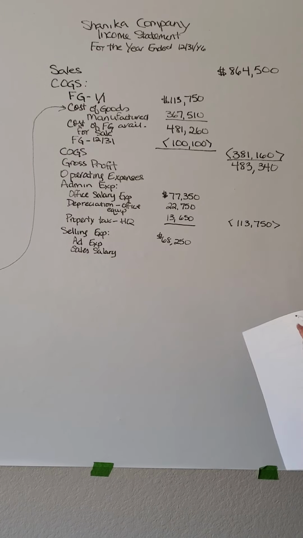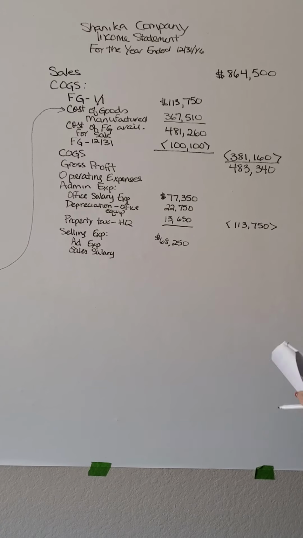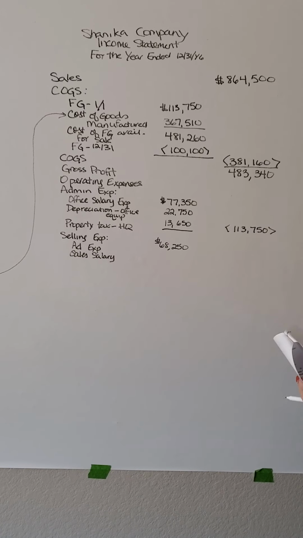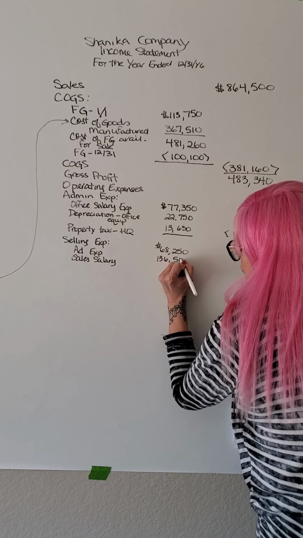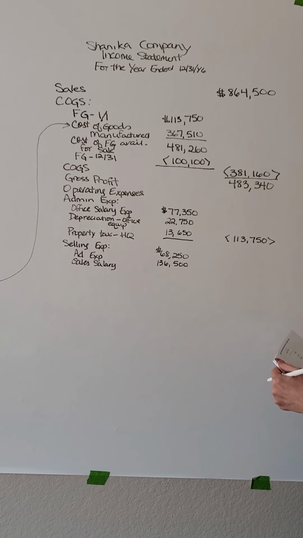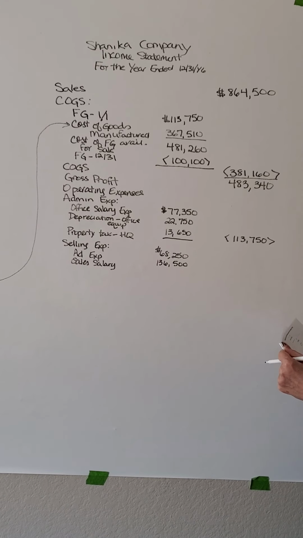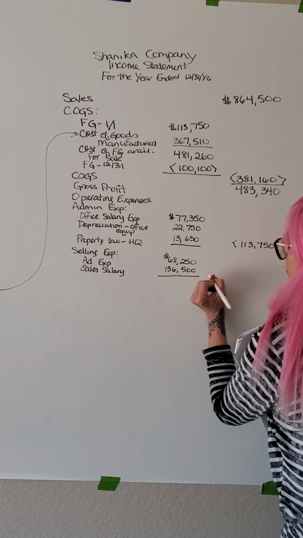And the sales salary expense is $136,500. And so that's going to give us a total operating expenses of $204,750.